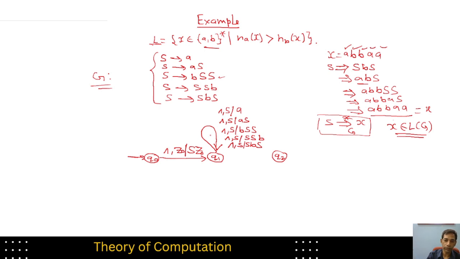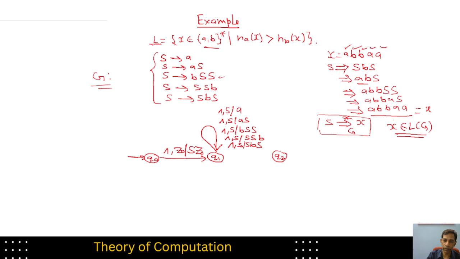So you can see that now if you are at the state Q1 and the input is null and top is S, then S can be replaced with alpha, and alpha here is what? A, because S derives A is the production. Since S derives AS is also a production, you will also be able to replace S with AS. S derives BSS is also a production, so you can also replace S with BSS.